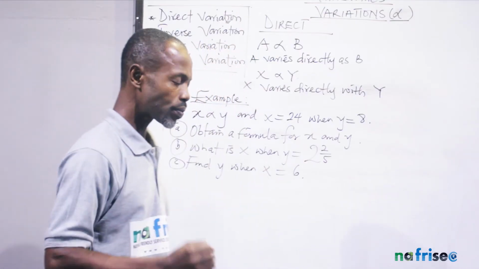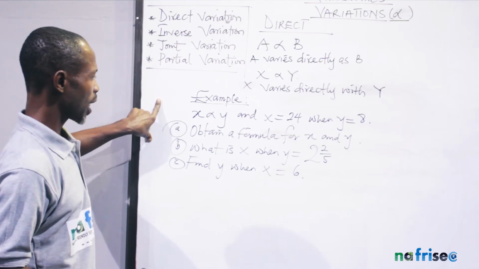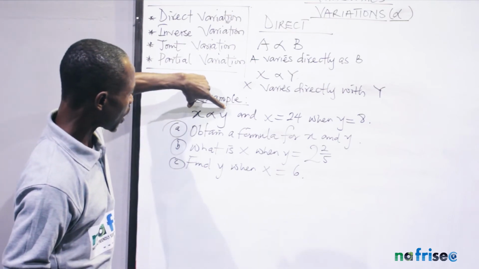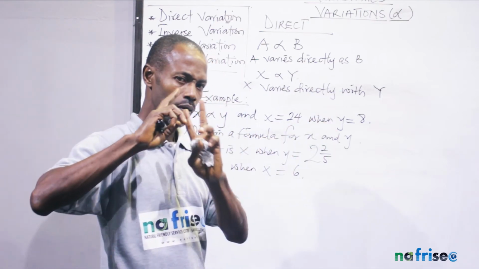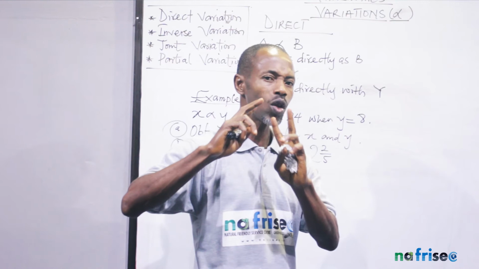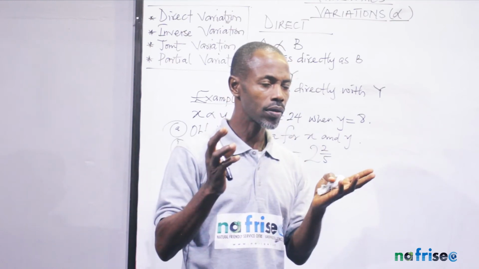All right. So, look at a typical direct variation question. Once they state a direct variation expression like this, they'll follow it up with 2 numbers. These 2 numbers are for you to establish a constant. What do you mean by a constant?